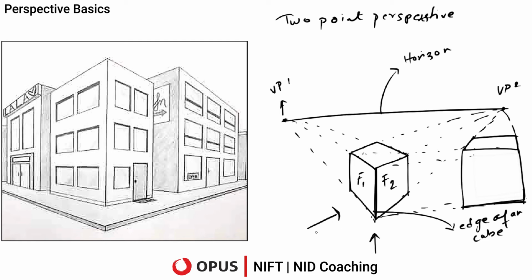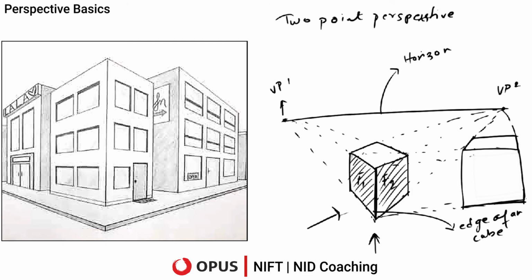That is, it is seen from this side, where we see only one part of the face. But when we start seeing objects from an angle, that is from its corner, we start seeing the objects in two-point perspective. That is, we see two faces at the same time.